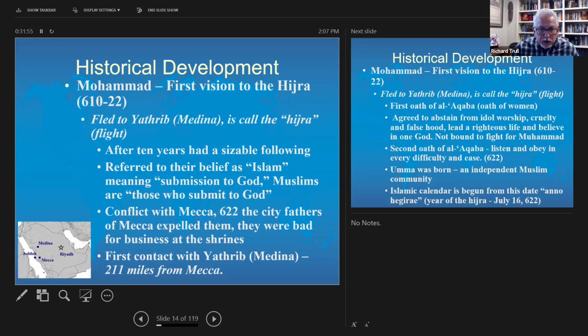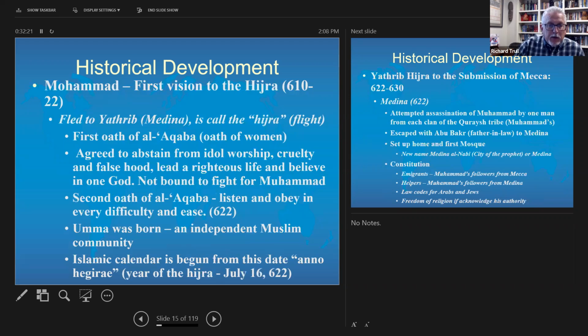Medina is about 211 miles from Mecca, so it's a little ways, but caravans were constantly running between the two. But every time they came in, Muslims would come in, and Muhammad, they would be rejecting the polytheistic things going on. And this just didn't sit well with city fathers who felt like they messed up their business.